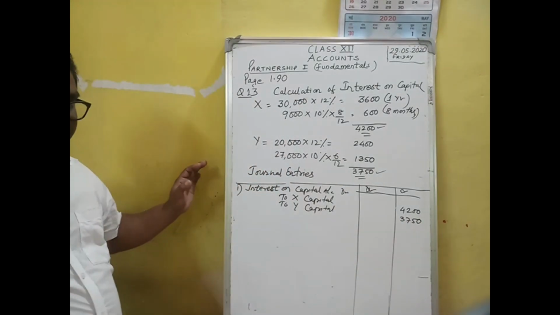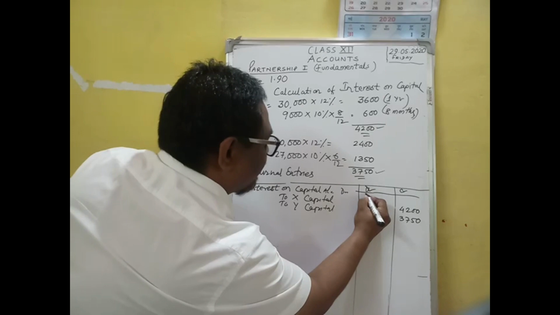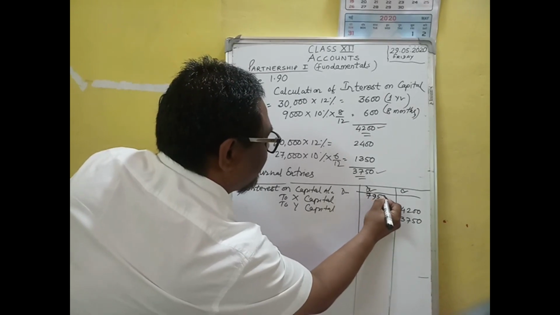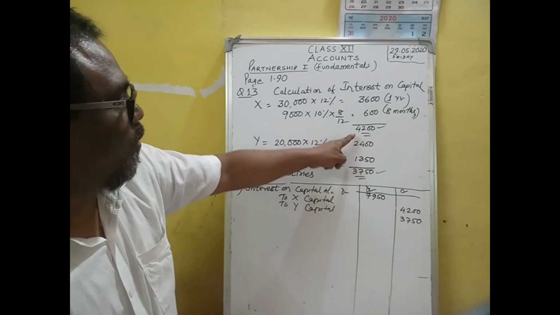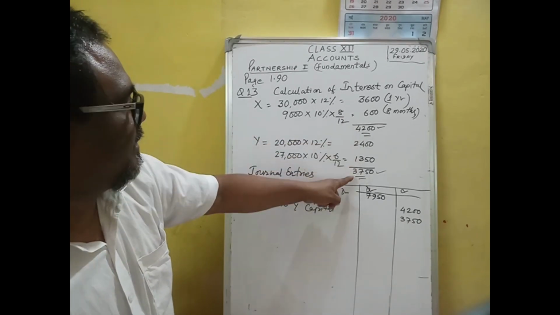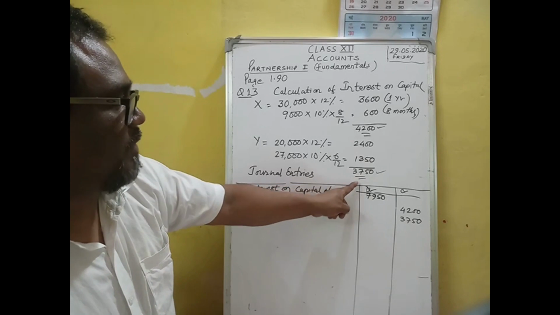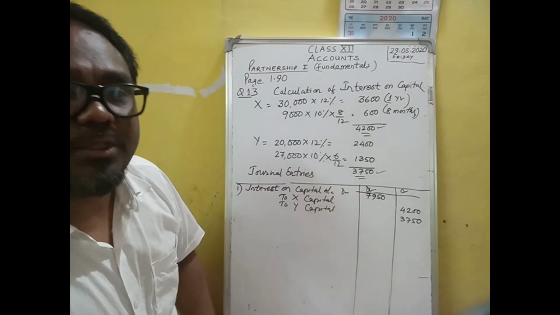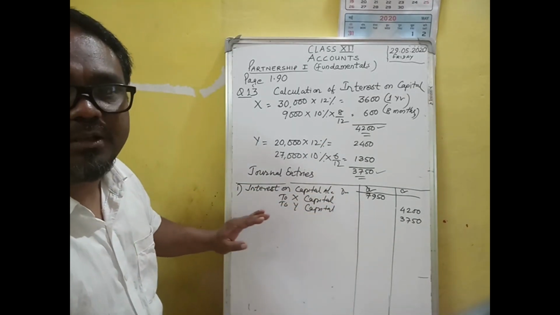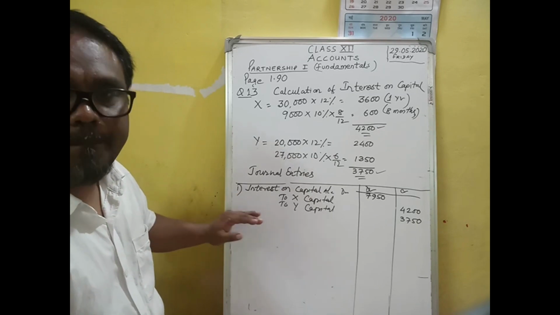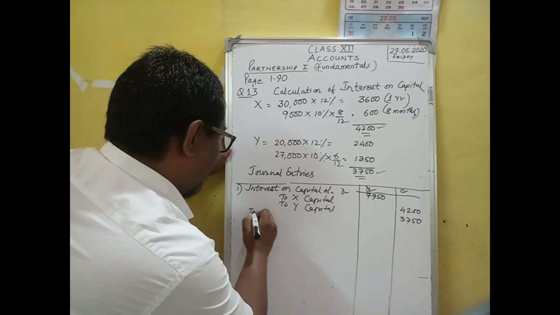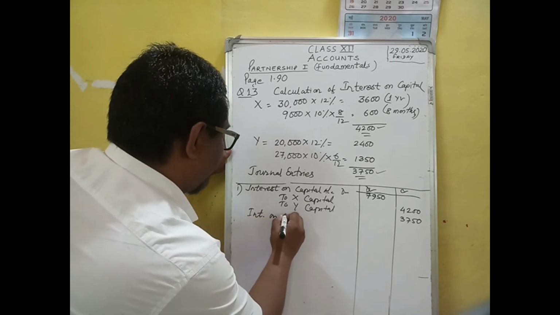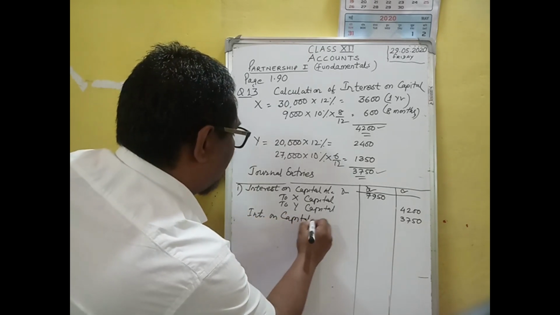The total interest on capital is 7,950: X is 4,200 and Y is 3,750. Interest on capital is allowed to the partners by the firm.